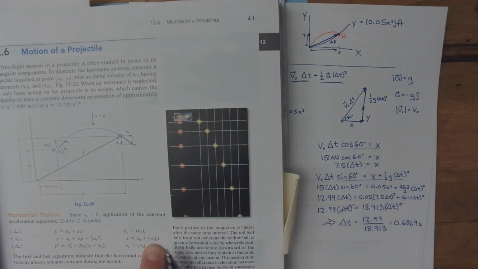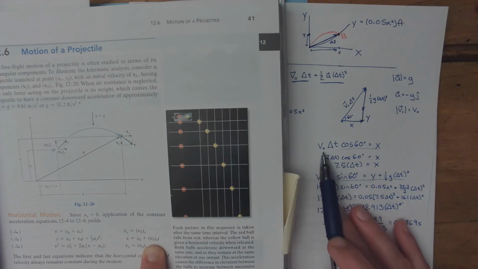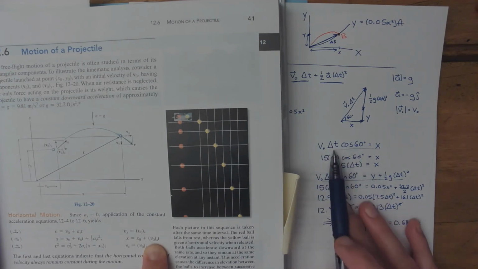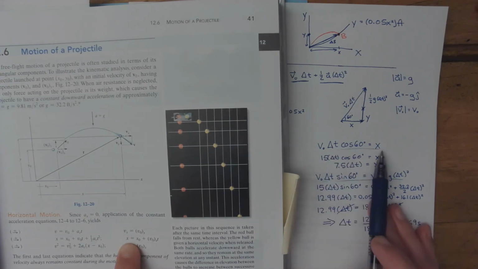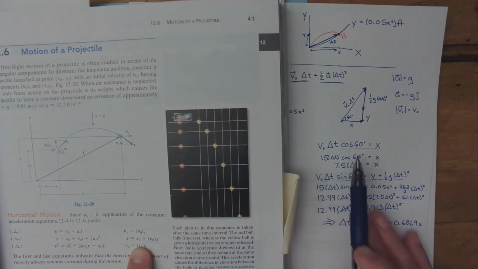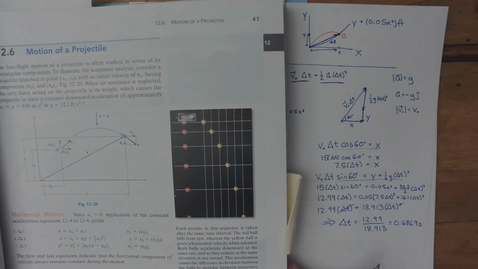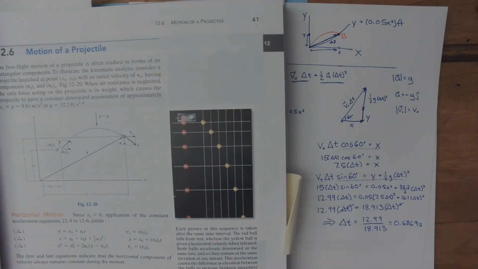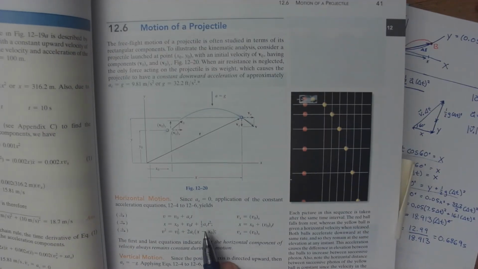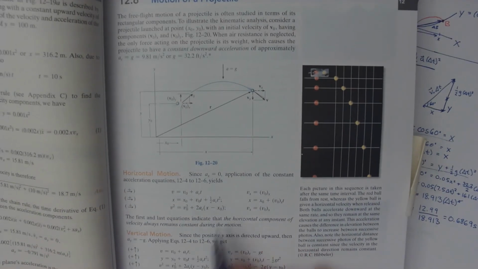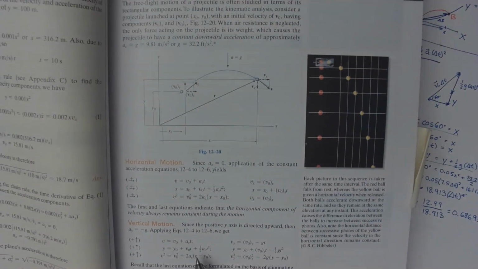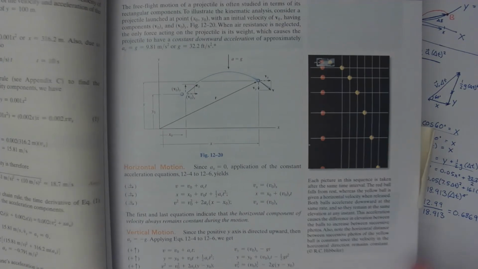And so we have the x component of the velocity, which is v naught times cosine of 60 degrees times delta t, is equal to x when x naught is equal to 0, as it is in our problem. Okay, so we used one vector equation, which is equivalent to this equation in the x direction and this equation in the y direction.